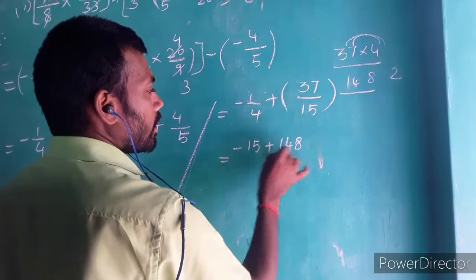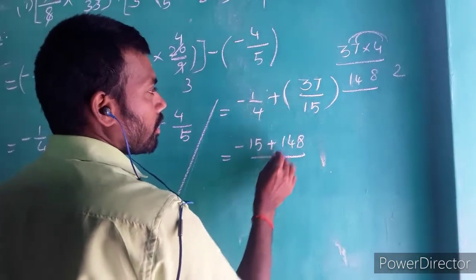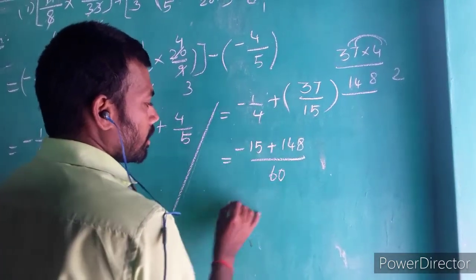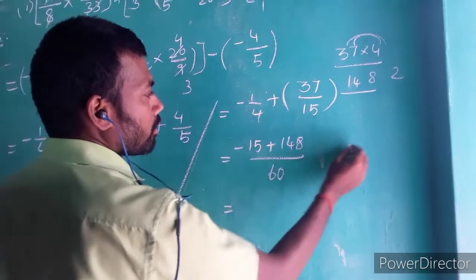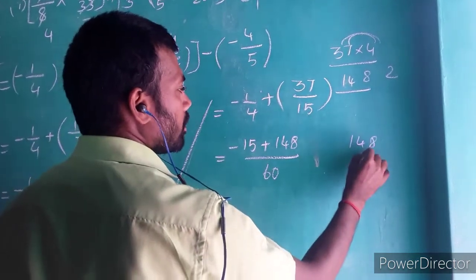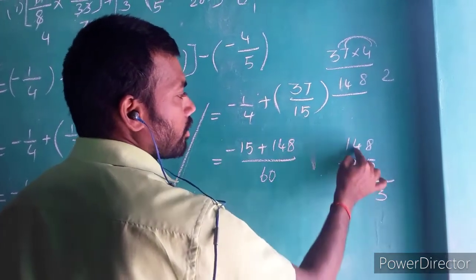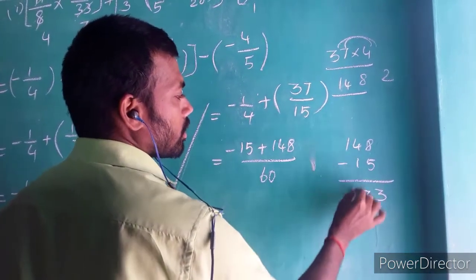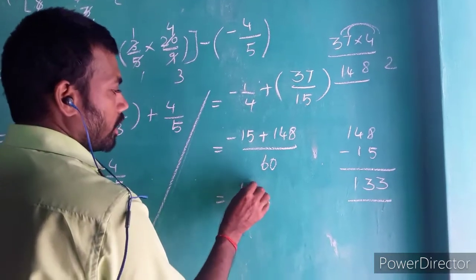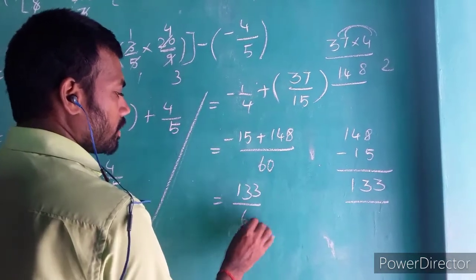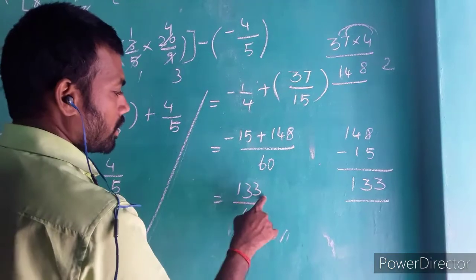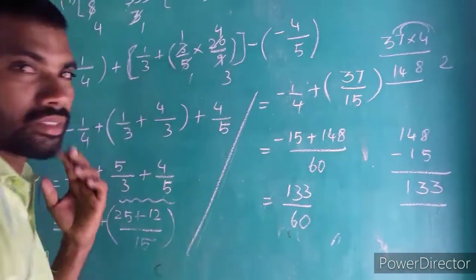So 148 by 15 into 4, 15 into 4 answer is 60, is equal to, subtract the numerator value, 148 minus 15. 8 minus 5 answer is 3, 4 minus 1 answer is 3, so 1. Therefore 133 by 60. Therefore the answer is 133 by 60.